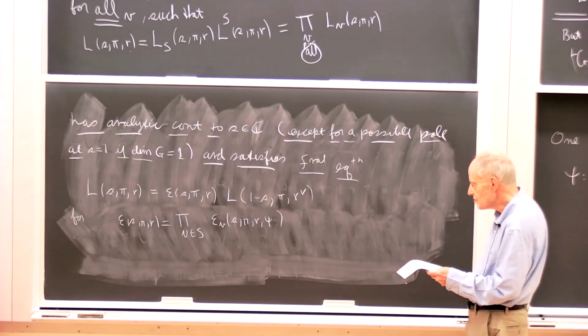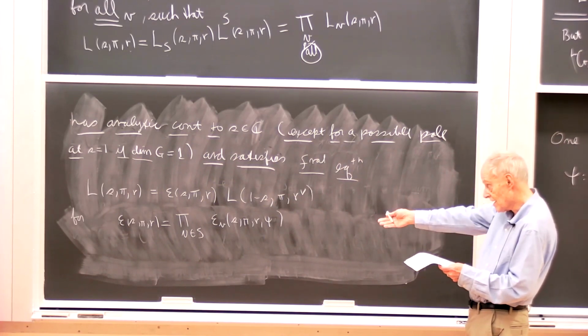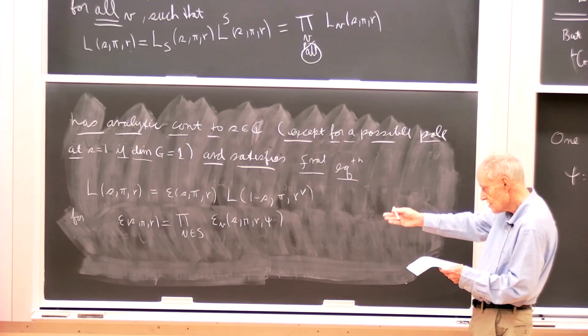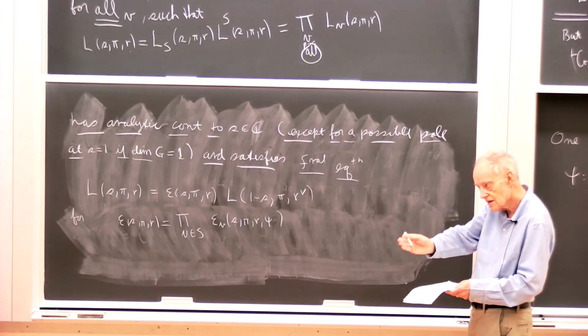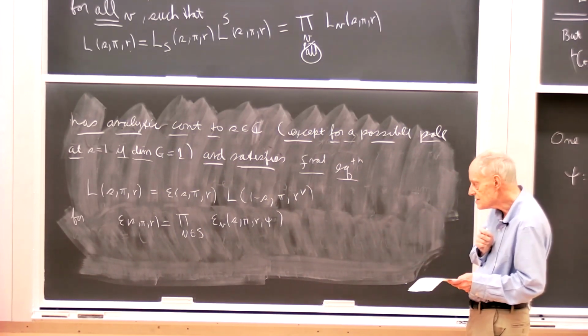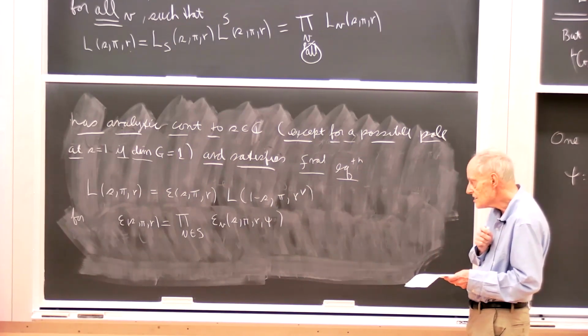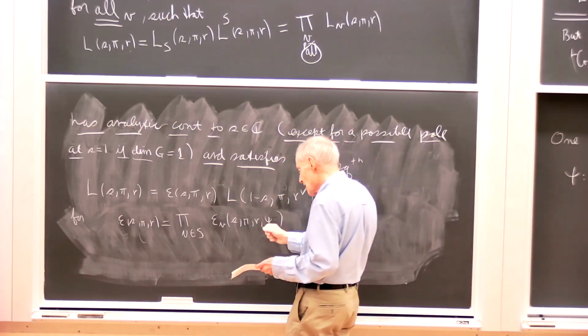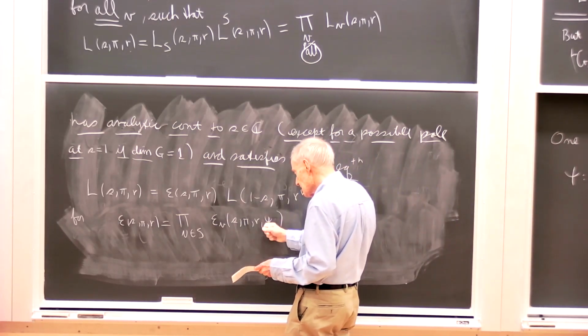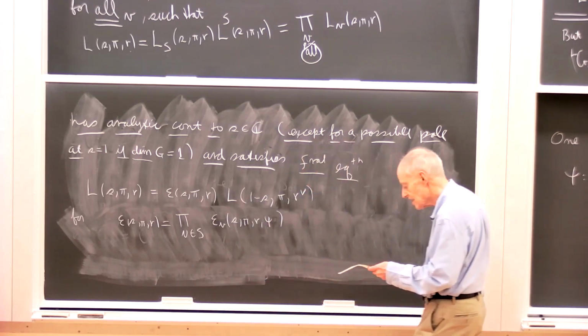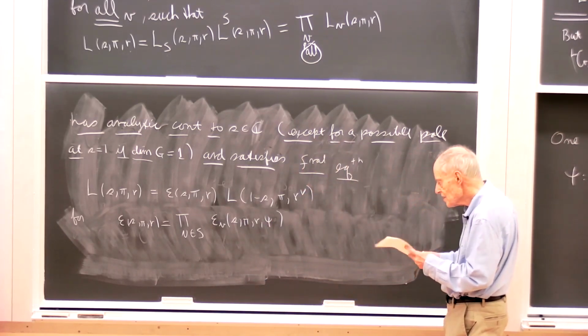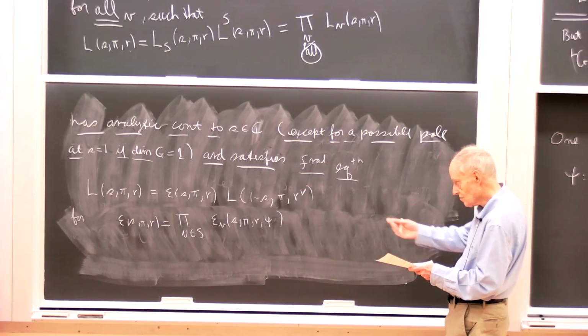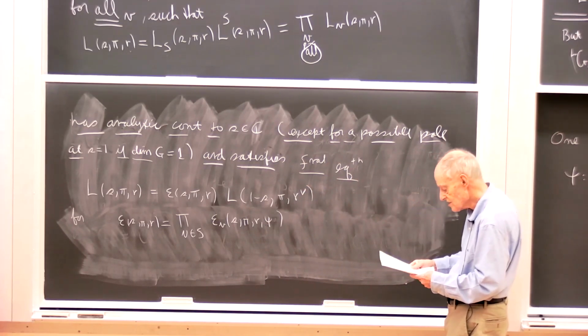The understanding being that these global epsilon factors are going to be 1 at the unramified places. So they're things that you put in at the ramified places, and at each of these ramified places, they will depend on the choice of the additive character, but the finite product will not.